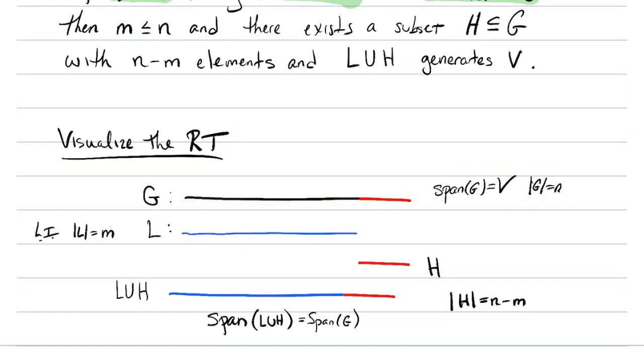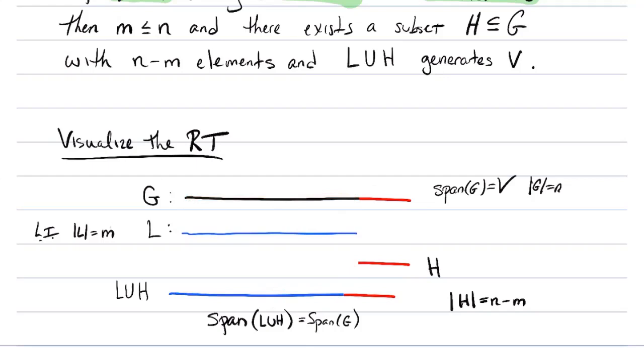So the theorem is saying that there's some piece of G called H, and it has n minus m, the difference, elements. And if you take H and put it together with L, you'll still have a spanning set. So the way I like to think about it is you're replacing the part of G that's not in H with L, keeping a spanning set. It's called the replacement theorem.